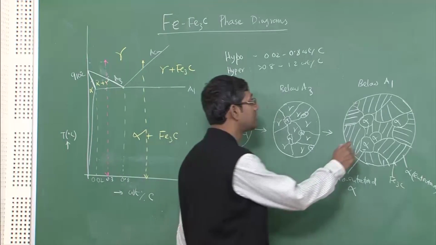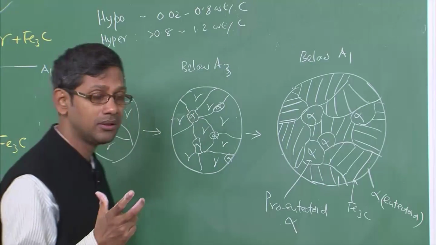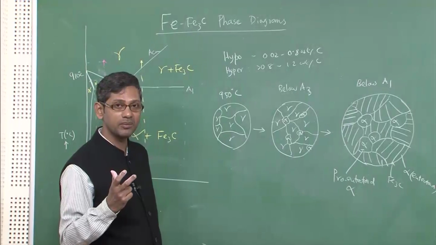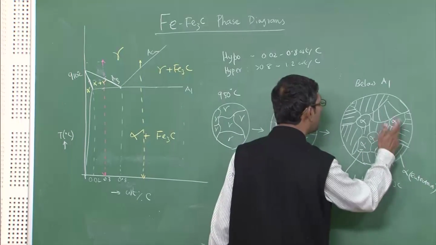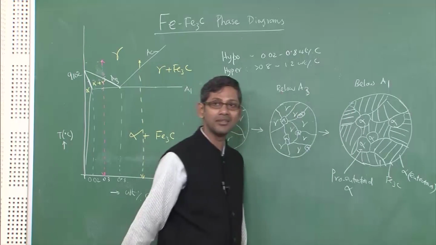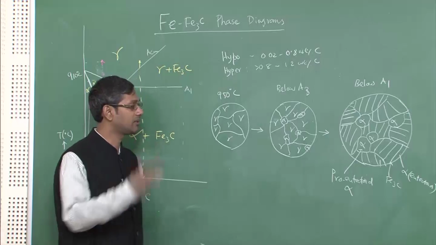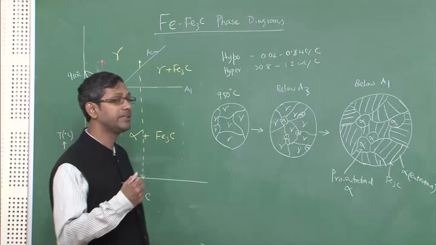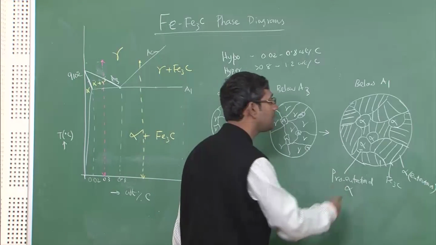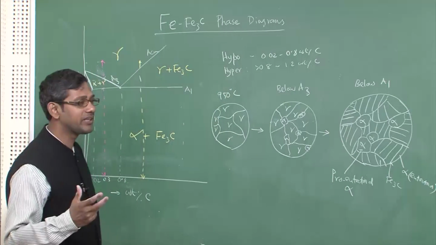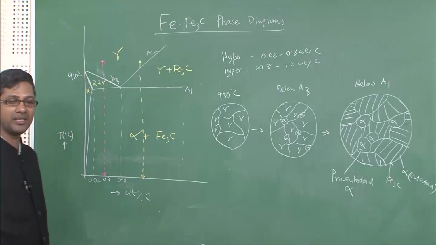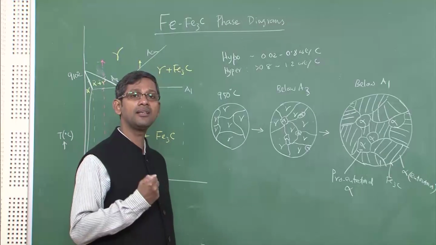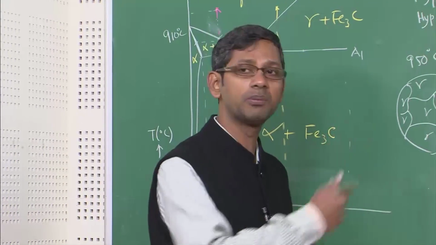Why? Because these alpha grains are bigger and they are very soft. So, they will provide the ductility or the toughness of the material. On the other hand, the in situ composite pearlite, which is there as lines, will give the strength of the material, and that is why the bulk application of these steels is in structural applications, because structural applications require a strong and ductile, tough material, and this provides that.